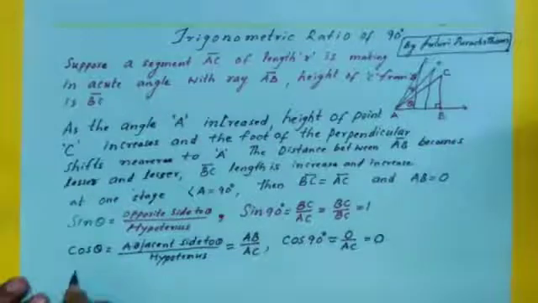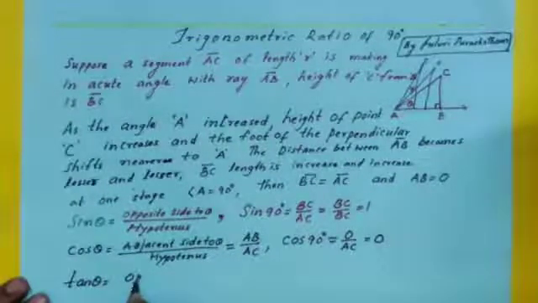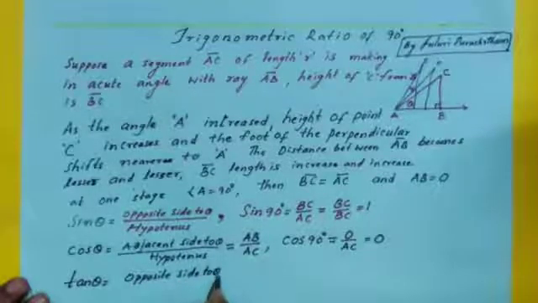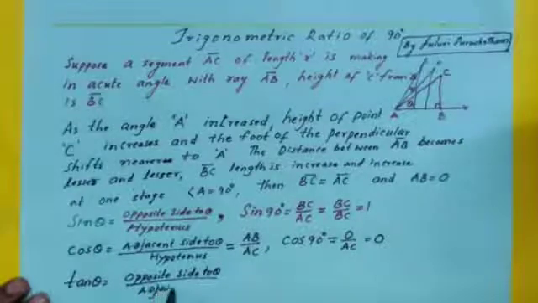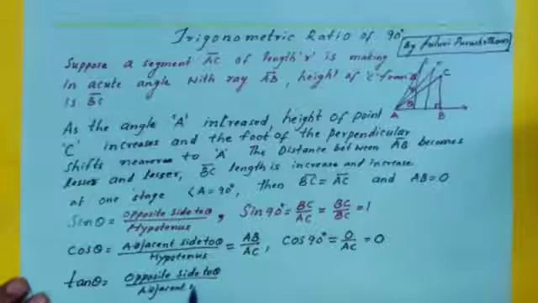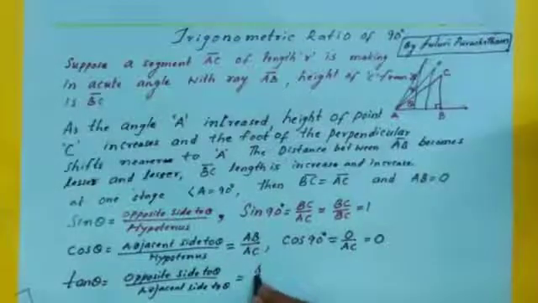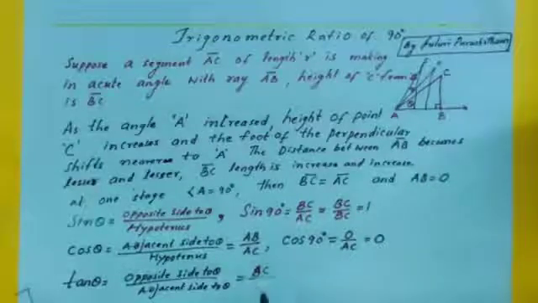The same way tan theta. Tan theta is equal to opposite side to theta by adjacent side. Opposite side to theta is BC, and the adjacent side is AB, so BC by AB.